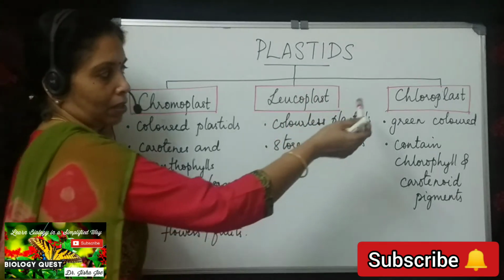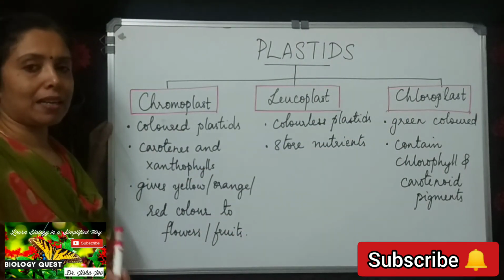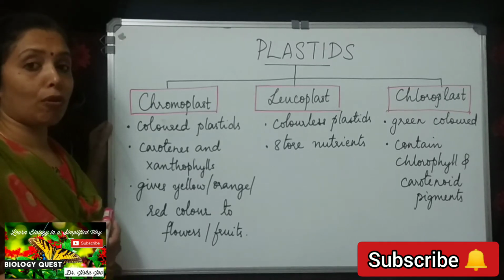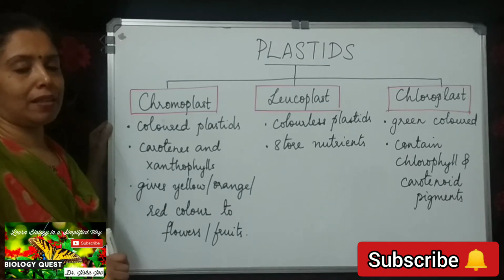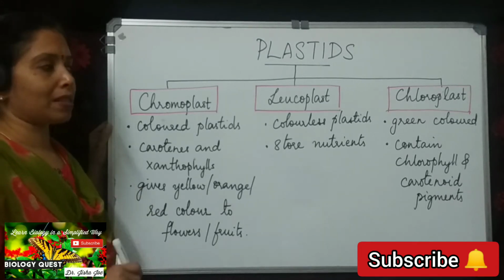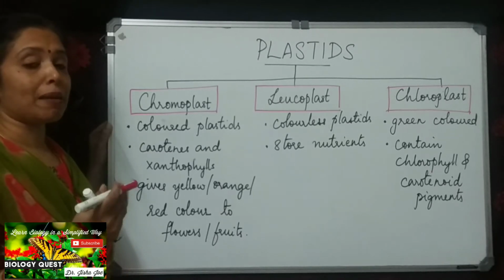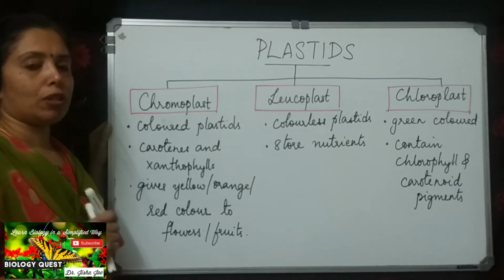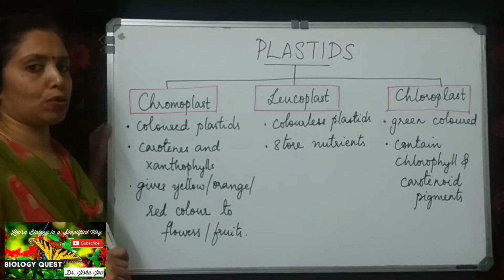Chloroplasts are green colored plastids. They contain the pigment chlorophyll, and also carotenoid pigments. The main pigment is chlorophyll, and its function is to absorb light energy for photosynthesis.